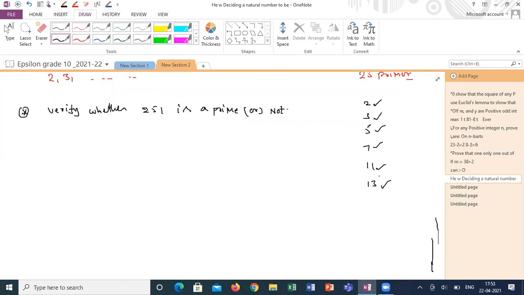Now, what are the prime numbers from 1 to 100? Anyone can give?